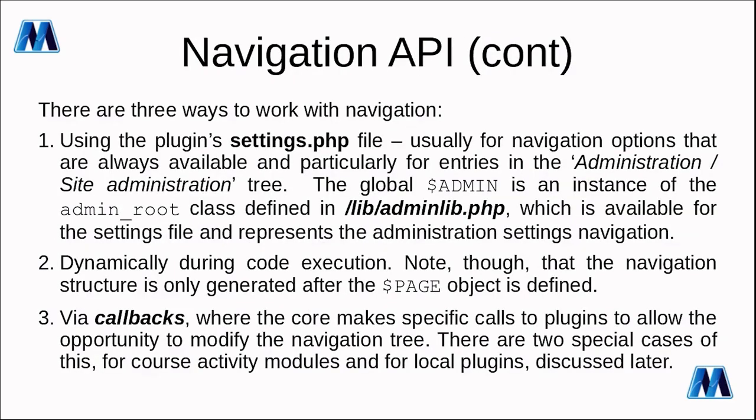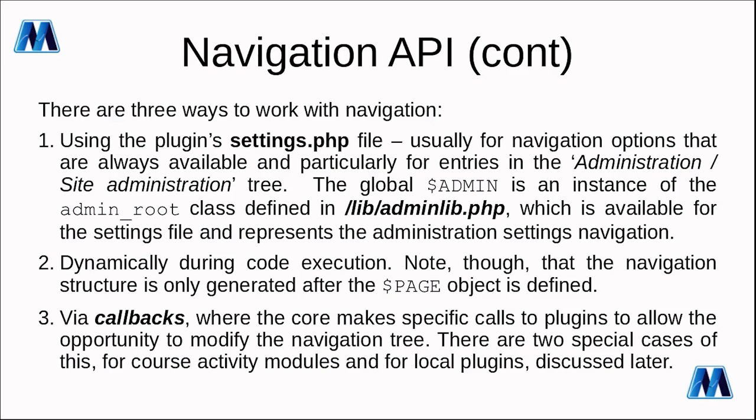There are three ways to work with the navigation: using the plugin settings.php file, which is usually for navigation options that are always available, but particularly for navigation in the site administration area of the site. The global admin is an instance of the admin root class defined in admin lib.php in the lib folder, and it's the root of all the navigation nodes available.